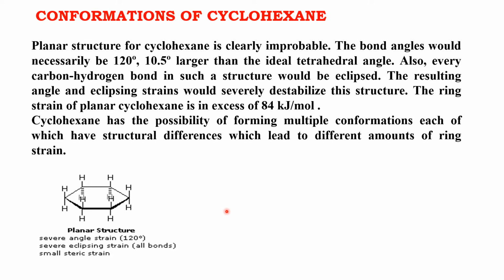So for any sp3 hybridization, the angle is expected to be 109 degree. But we consider it as a planar molecule, and hence we think it has a bond angle of 120 degree.